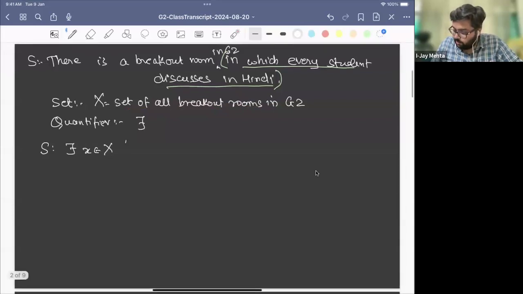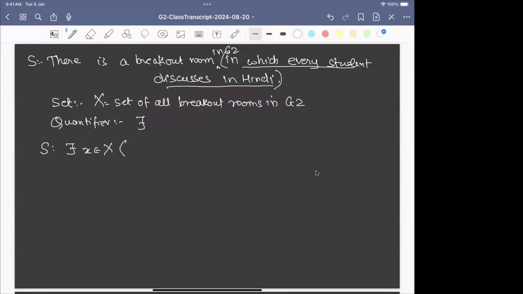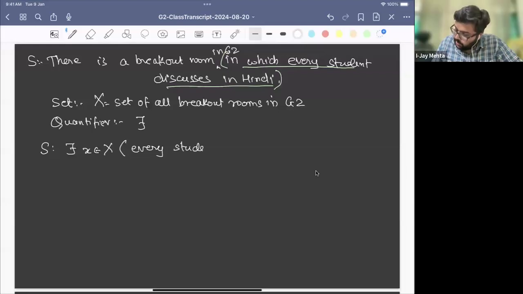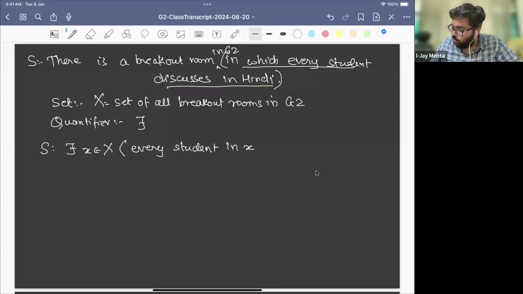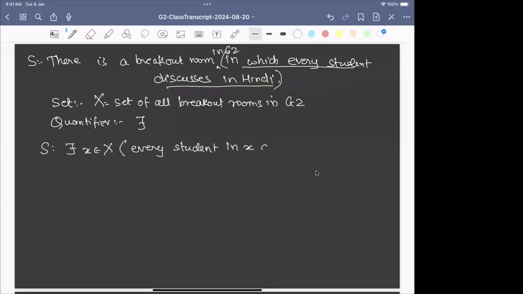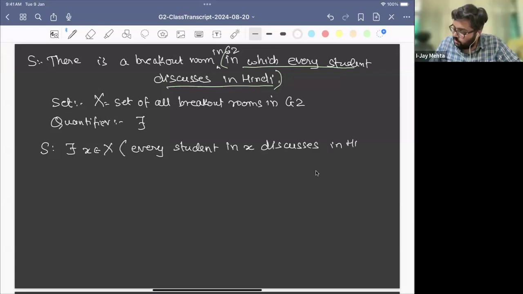So there is a breakout room such that every student in small x, which is a breakout room, discusses in Hindi. So now I'll ask only those students who have not responded.